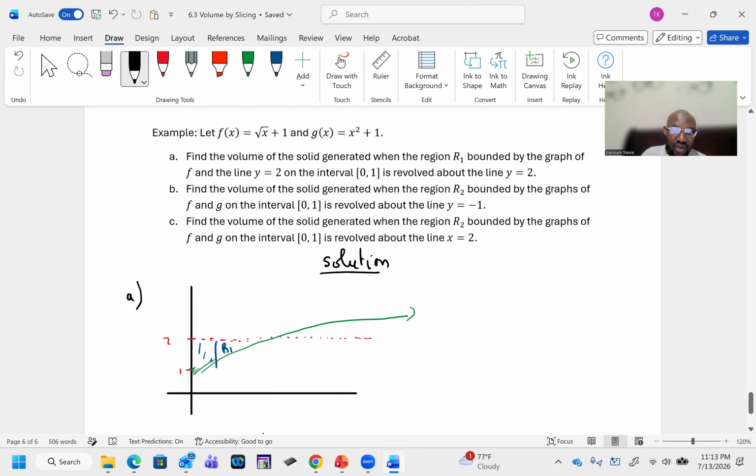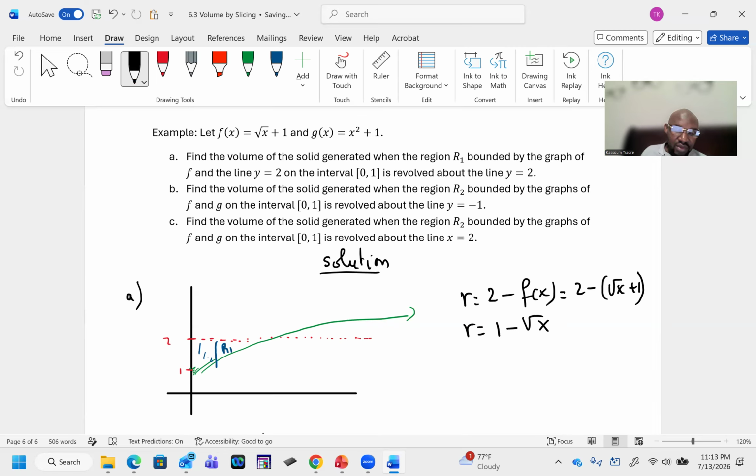This is moved 2 up, so the radius R will be 2 minus f of x, which is 2 minus square root of x plus 1. So our R in this case will be 1 minus square root of x.